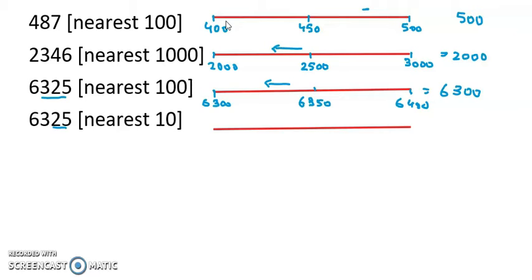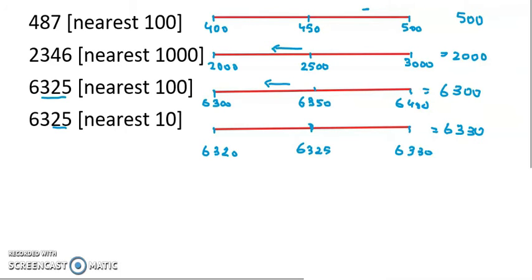We'll be working on tens only, so that makes 6320 here and 6330 here. Halfway will be 6325. The number is on the halfway, so my final answer should be 6330.